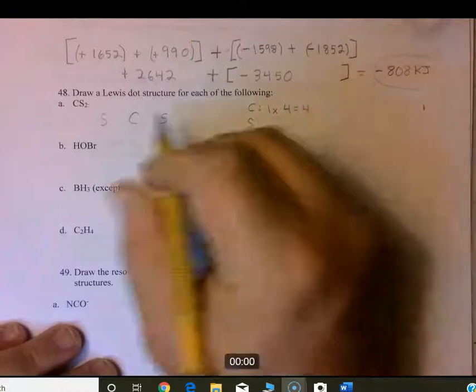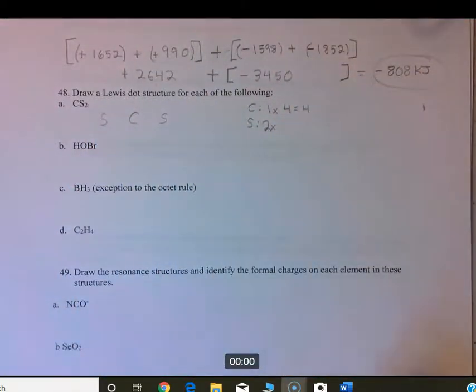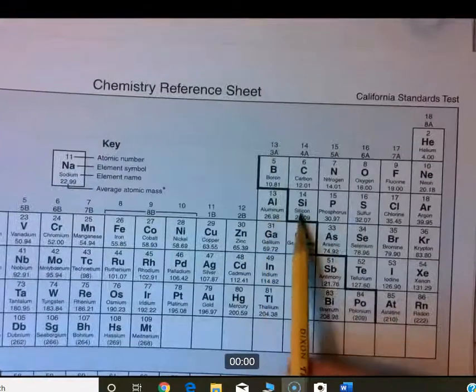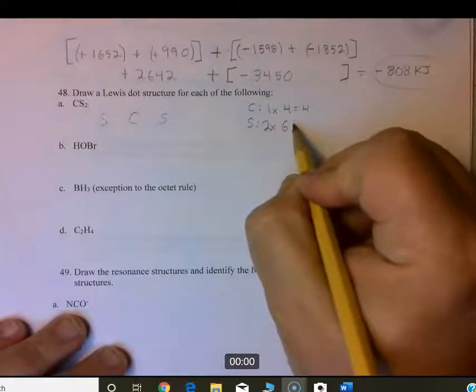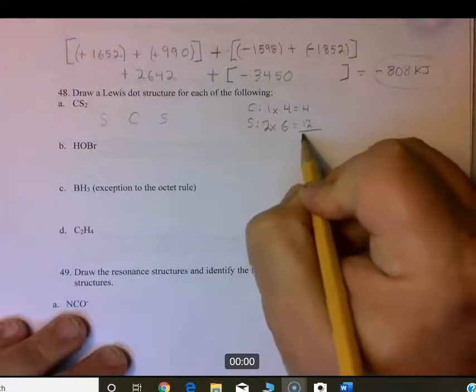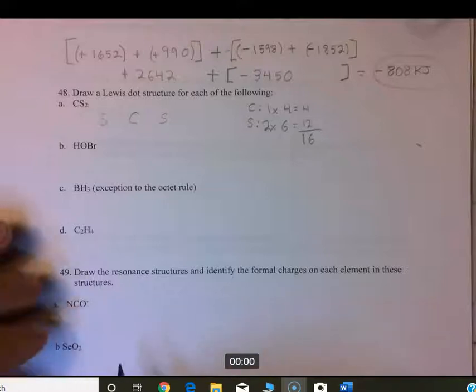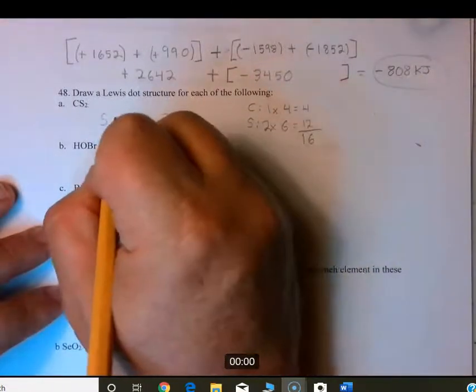Sulfur, there's 2 of those. And sulfur is the 6th element over in the 3rd row. So it's 1, 2, 3, 4, 5, 6. So it has 6 valence electrons. So that means there's 16 electrons we have to account for. So we go ahead and first create single bonds between the central atom and the outside atoms.